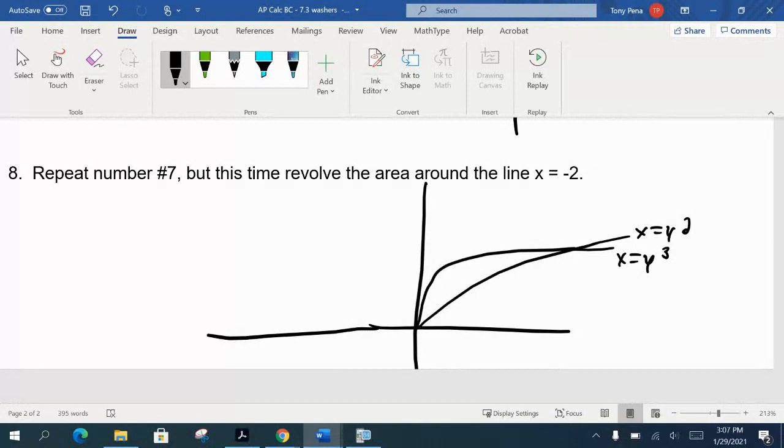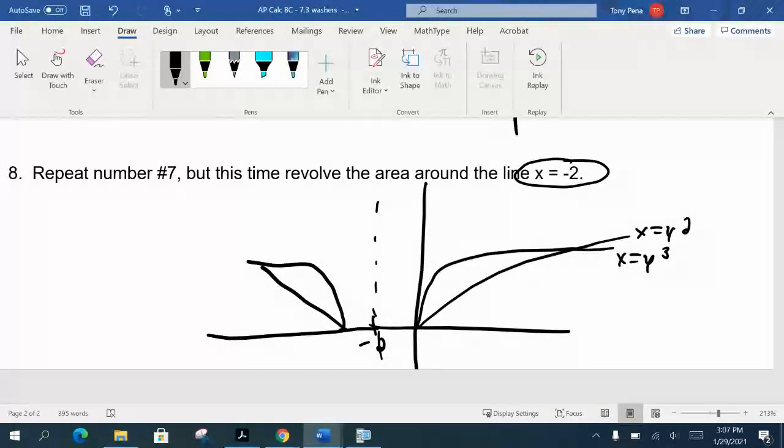The only difference with this one is I'm asking you to rotate this around x equals -2. So instead of the y-axis, we're going to go around this vertical line over here through the x value of -2. When we do that, it's going to kind of look like this. It's pretty bad, but hopefully you can draw that a little better than I can.